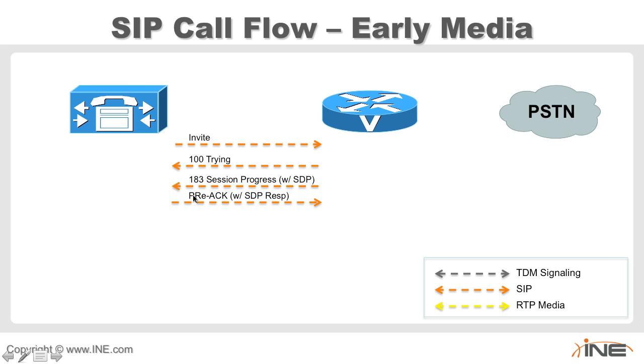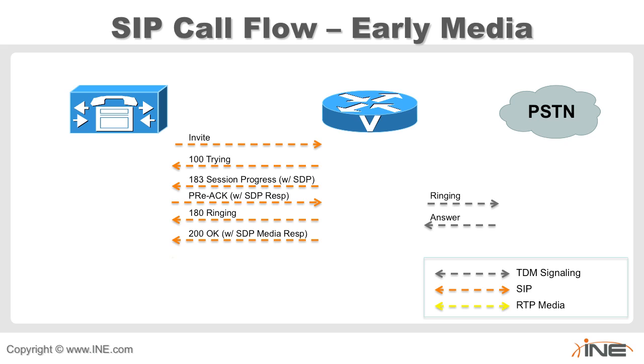So go ahead and pre-acknowledge all messages like 180. But anyhow, we have the SDP, the session description protocol response, then the ringing, answer, and the media response, and the acknowledgement.